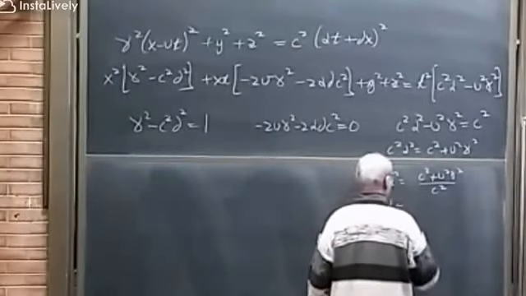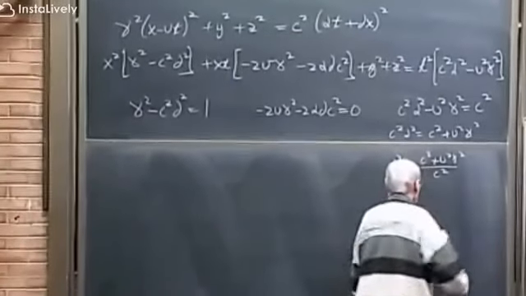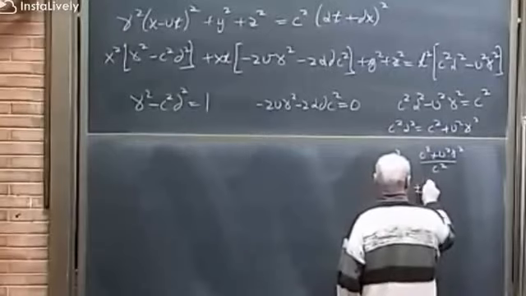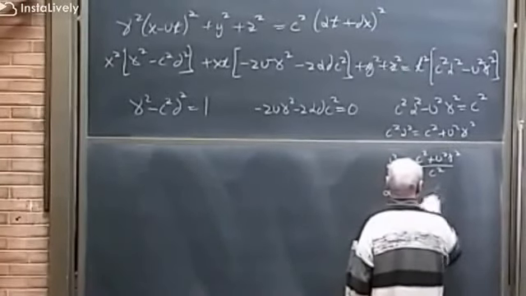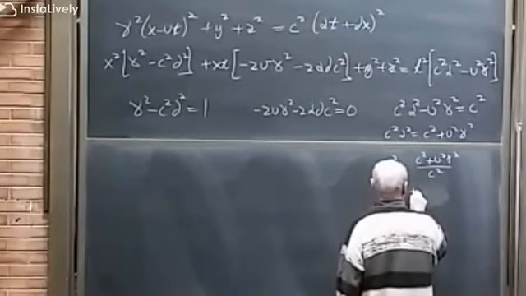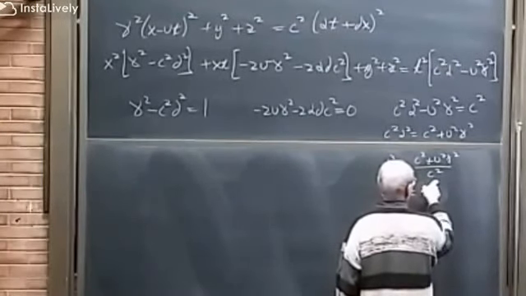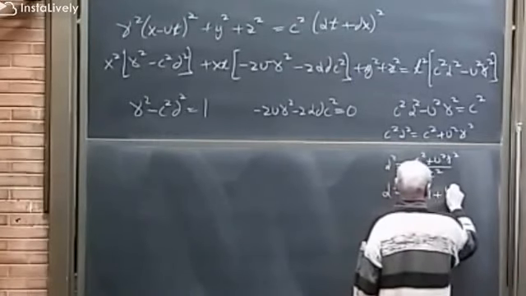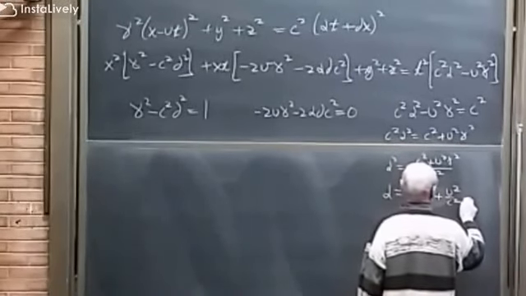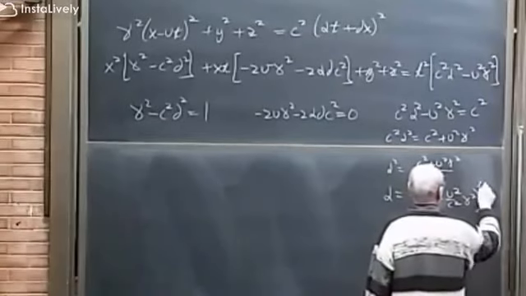And so alpha is equal to plus or minus 1 over c. Well, let's divide out the c first. So it's plus or minus, divide the c through here, and you're left with 1 plus b squared over c squared gamma squared, to the 1/2.